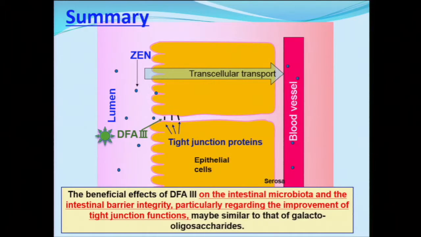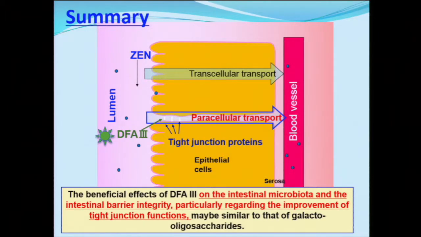In the intestinal epithelial cells, there are two transport pathways, including the transcellular transport that facilitates the absorption of nutrients, such as amino acids and sugars, and the paracellular transport, which needs to be as low as possible, as by this route, toxins and even pathogenic bacteria can enter the body.